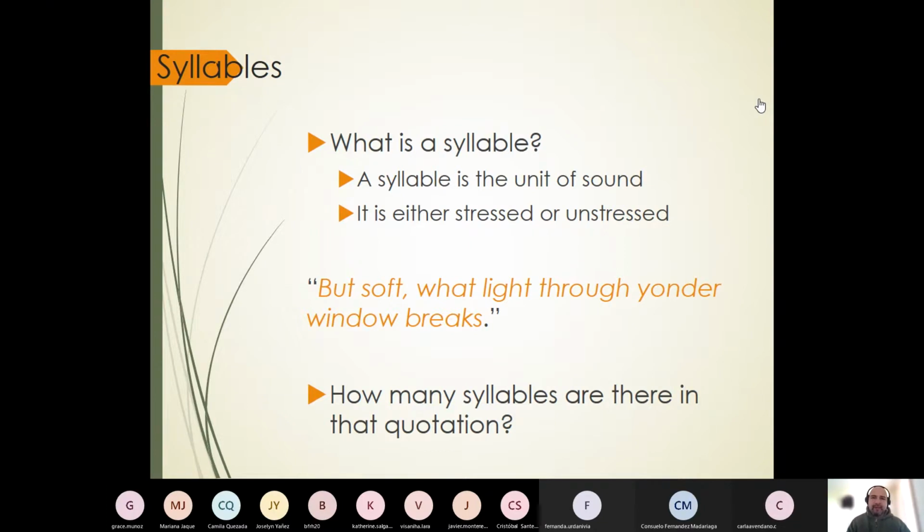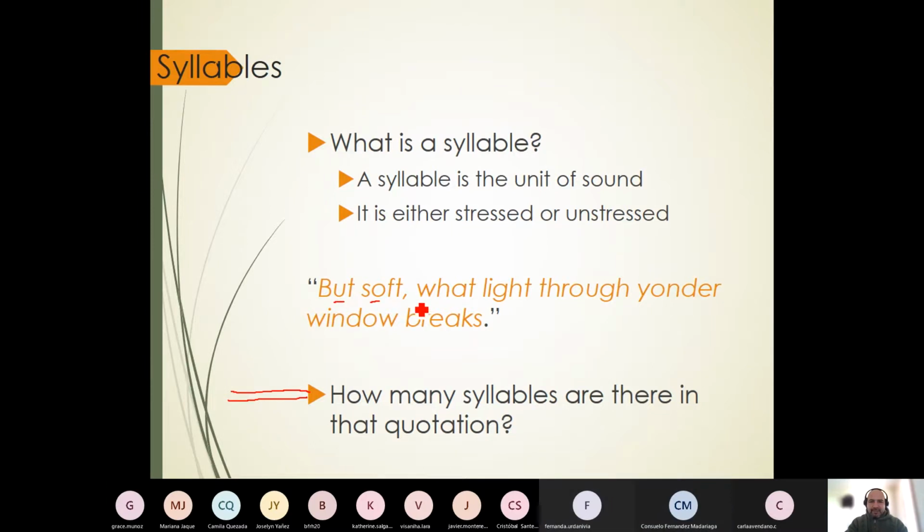So if you have a vowel sound, then you have a syllable. I think there are 10. All right. Me too. 10. You too? 10. All right.